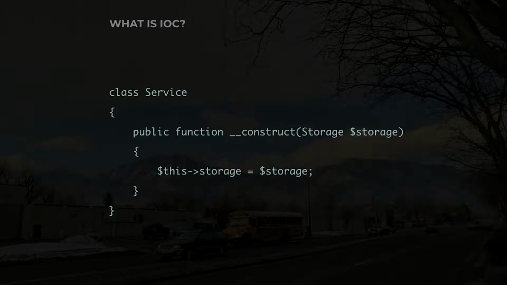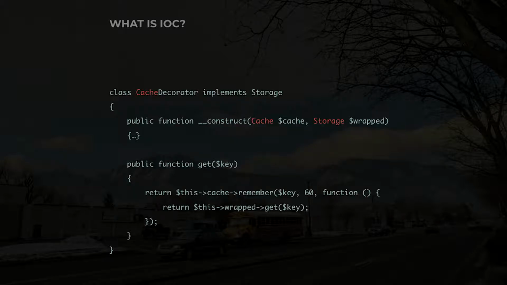And then for the service class, we're going to replace public function construct FTP storage with public function construct Storage. Just a little bit more high level. We changed four words in our application, but by doing this, we enabled a lot of new stuff, just by adding one more layer of abstraction.